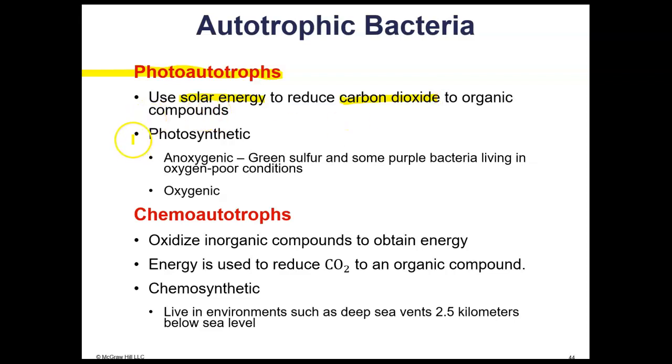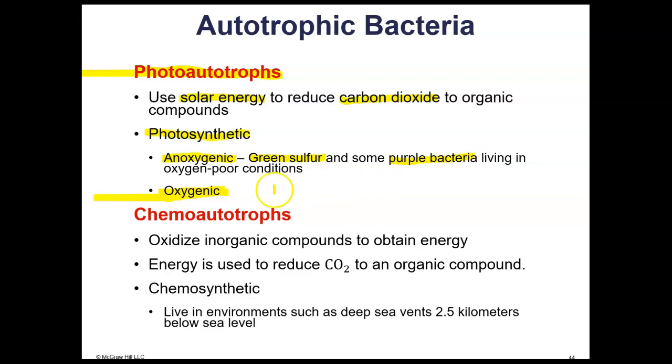If they're photosynthetic and oxygenic, then we call them cyanobacteria. But if they're photosynthetic and anoxygenic, meaning that they use solar energy to convert carbon dioxide into food, but they don't use oxygen to do it, then they are either green sulfur bacteria or purple bacteria that live in oxygen-poor conditions.